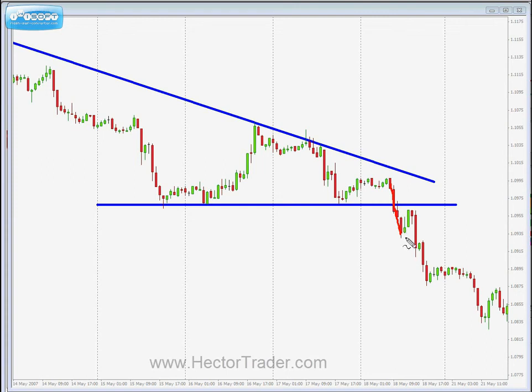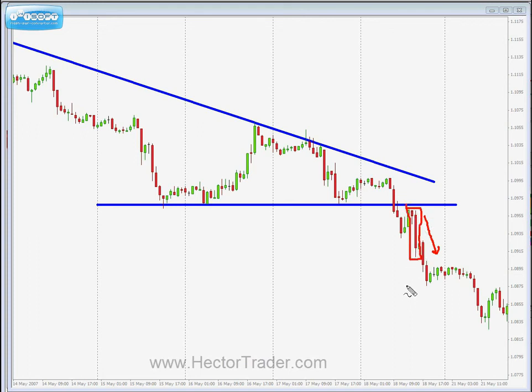Then you have 1, 2, 3 bars in green, retesting former support levels, this triple bottom that was the former support level, and now once broken, it becomes resistance, and as you can see, price tries to pull back to that level. It finds resistance there, and then once again we have the continuation part of the breakout with a long red bar, a long momentum bar.